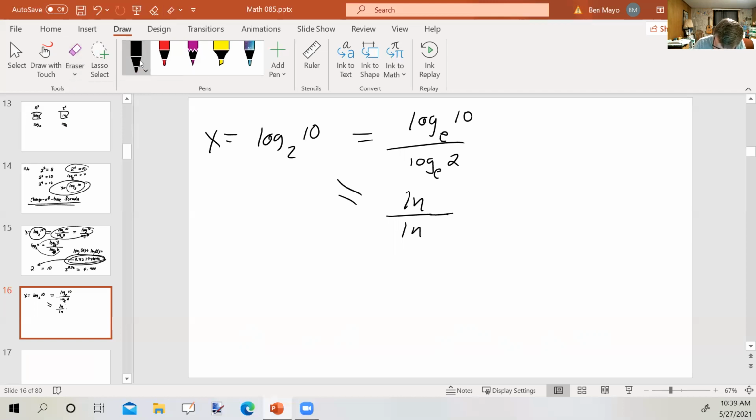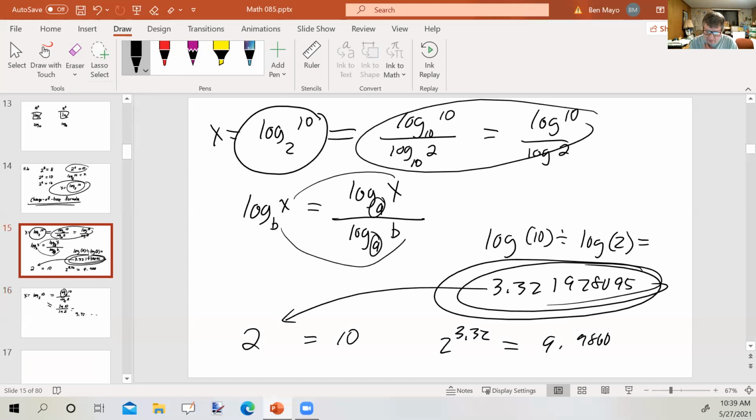Rather than write log base e, I'd write natural log: natural log of 10 over natural log of 2. If I put in the natural log of 10 divided by the natural log of 2, I get the same number that I got here.